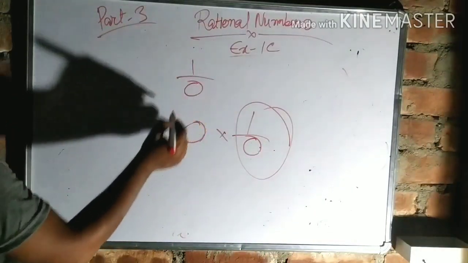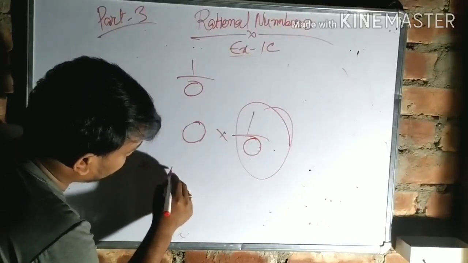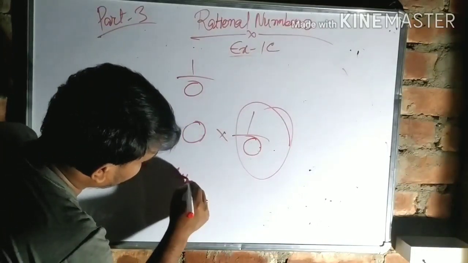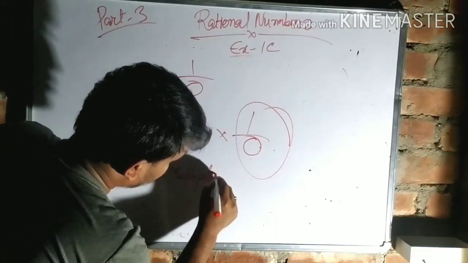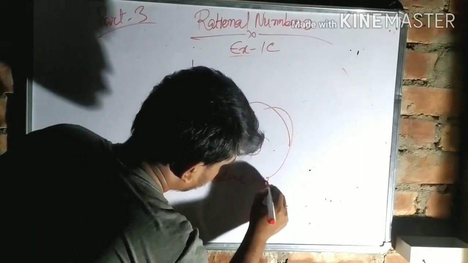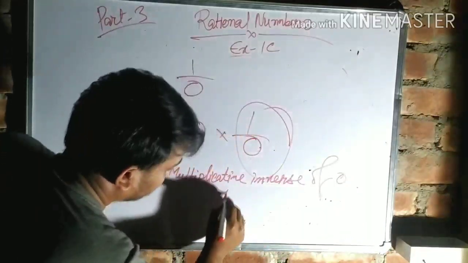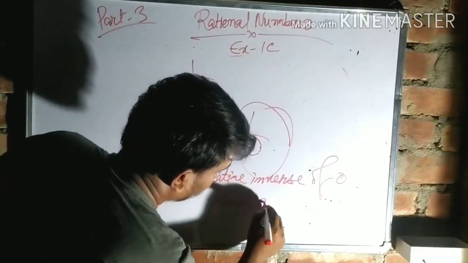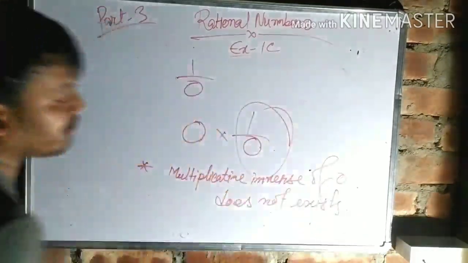So the point is: the multiplicative inverse of 0 does not exist.